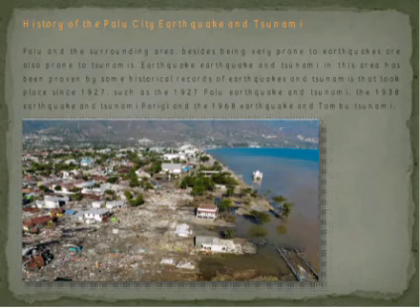Earthquakes and tsunamis in this area have been proven by historical records since 1927, such as the 1927 Palu earthquake and tsunami, the 1938 Parigi earthquake and tsunami, and the 1968 Tambu earthquake and tsunami.